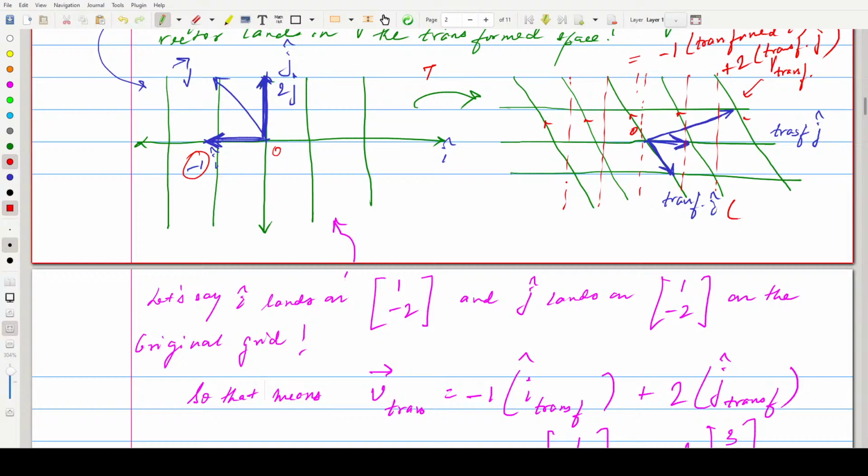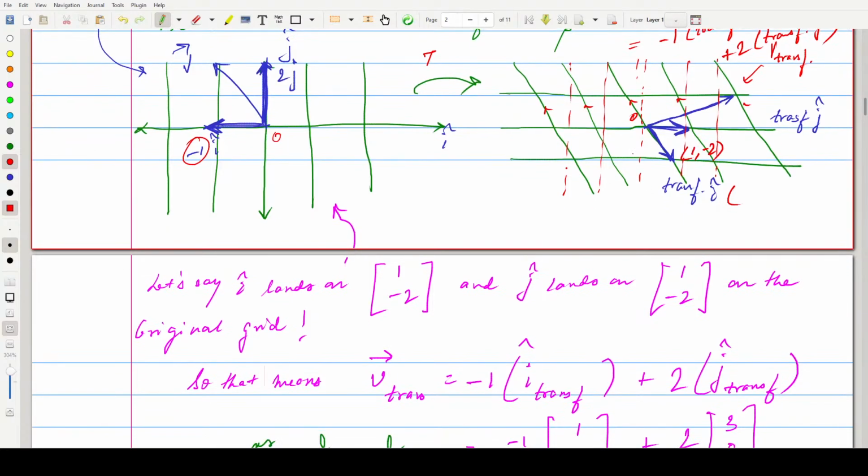So this vector on the original space is essentially 1 comma minus 2, where this is 1 and this is minus 2. This is my transformed i cap, and my transformed j cap has landed somewhere. Okay, let's say that it landed on 1 comma minus 2.